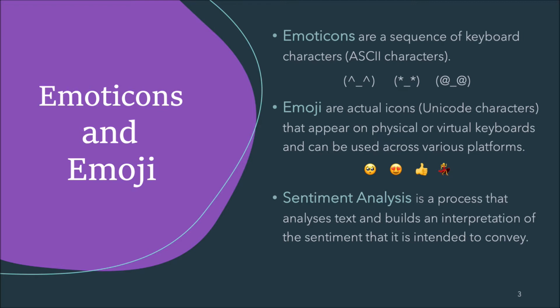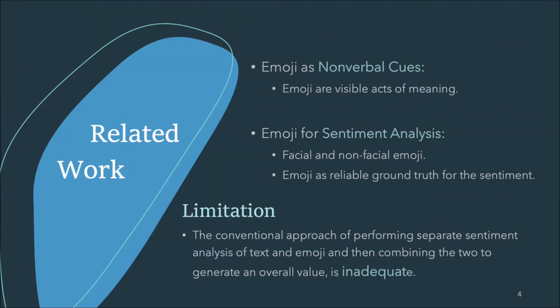Sentiment analysis can be defined as a process that analyzes texts and builds an interpretation of the sentiment that it's intended to convey. Usually, it is a one-dimensional measure from negative to positive, and it is quantized to just three values: negative, neutral, and positive. Some scholars considered the use of emoji to be understood as visible acts of meaning.